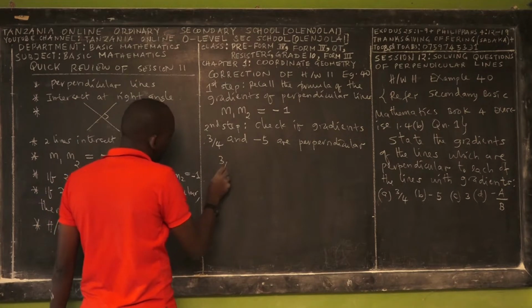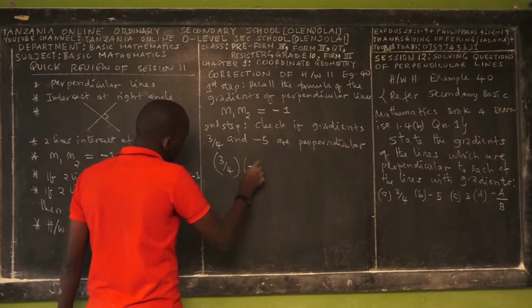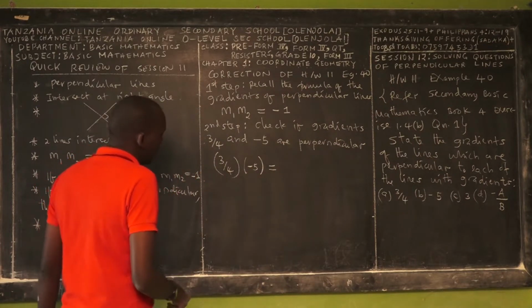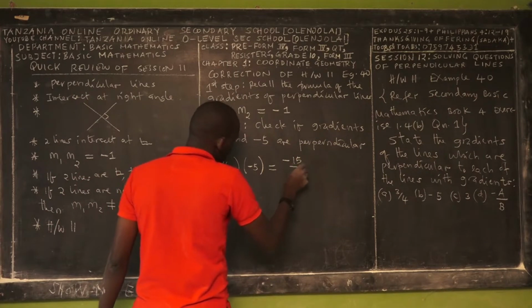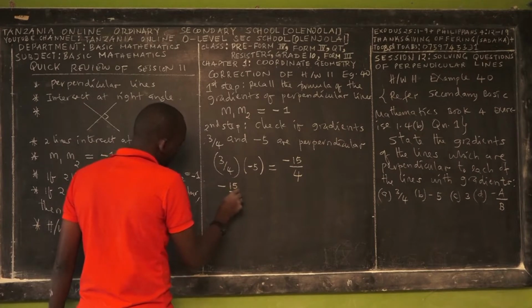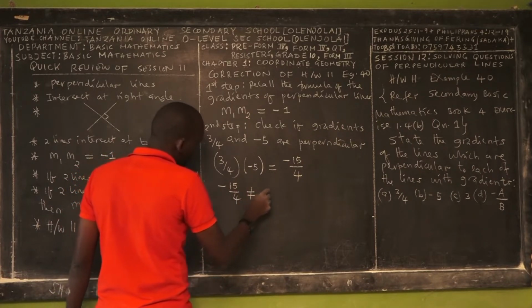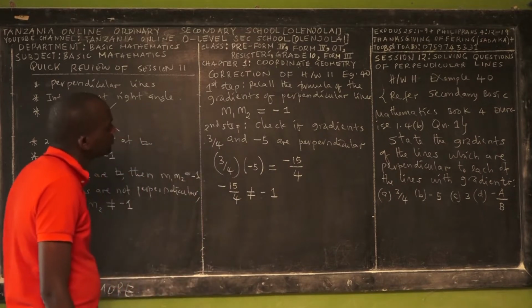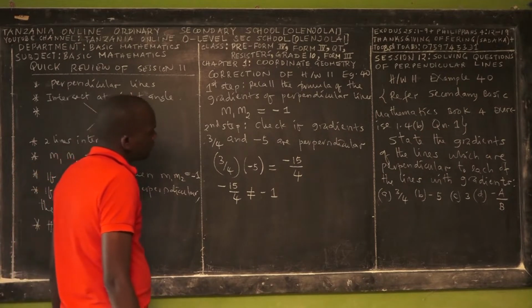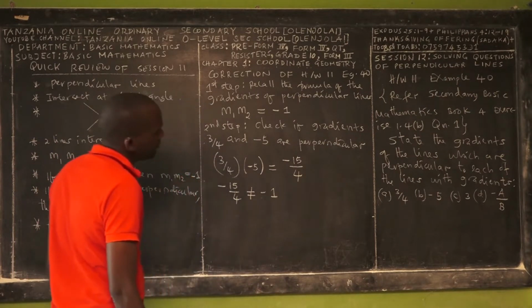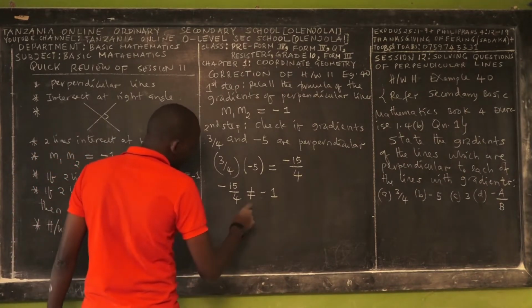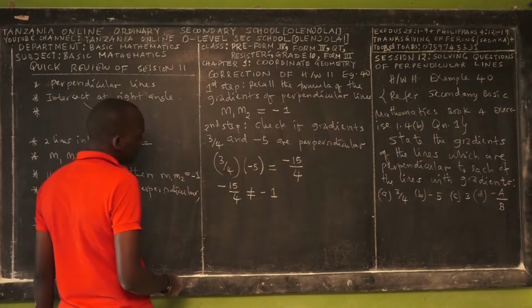So if you substitute, you have 3/4 multiplied by -5. The answer is equal to -15 over 4. So -15 over 4 is not equal to -1.